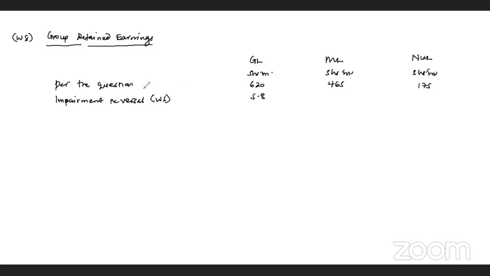That property was for a parent. Then, of course, we have depreciation expense.